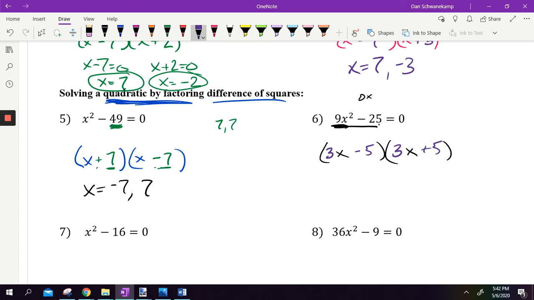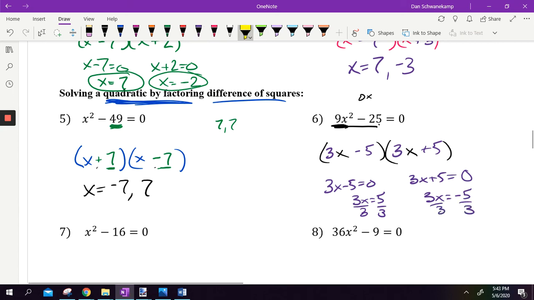I'm going to take each thing and basically square root that 25, make one positive, one negative. Then I'm going to take each one and set it equal to 0. I'm going to add 5 and then divide by 3. 5/3, and -5/3. Those are my two answers here.